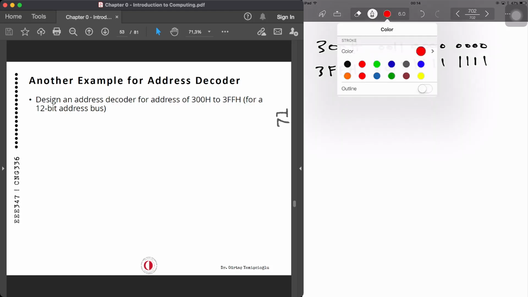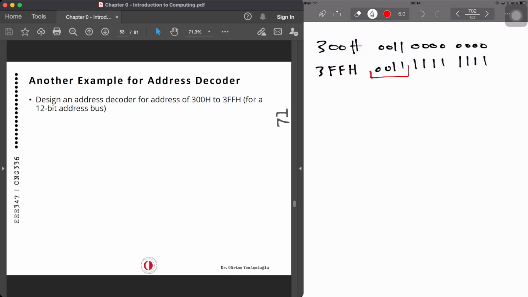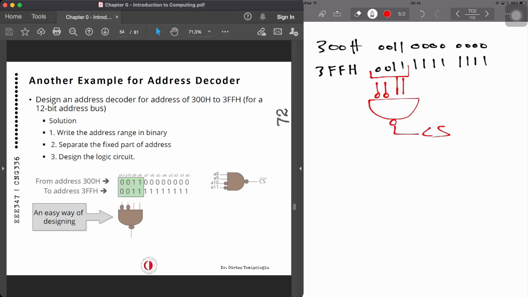This is the fixed part. Those zeros have to be inverted, and those ones have to come as they are. Now I can have a NAND gate decoding which will activate the chip select. That's all we need to do. That will be the answer for it.